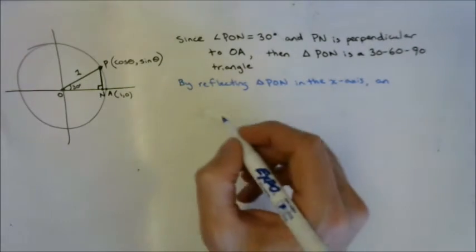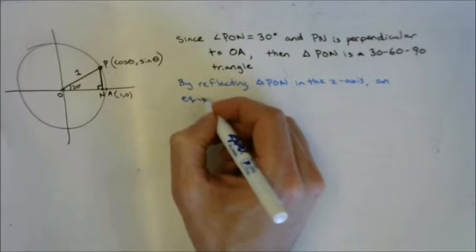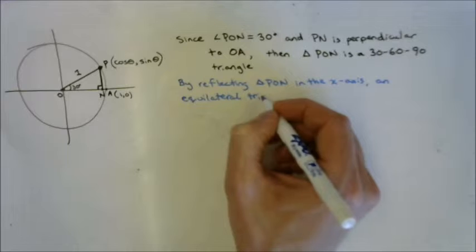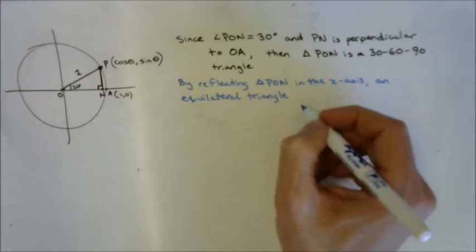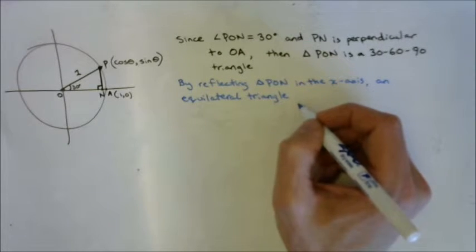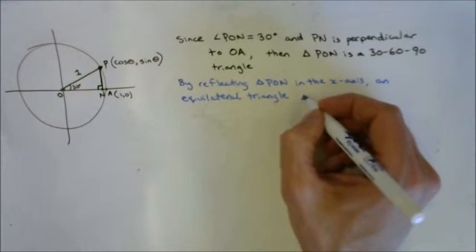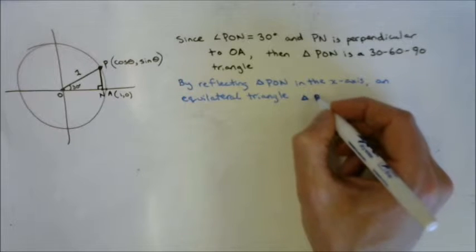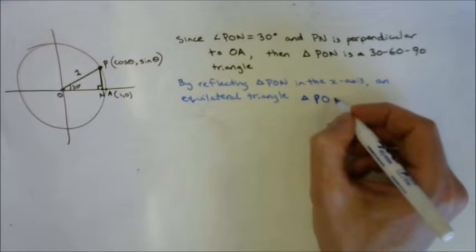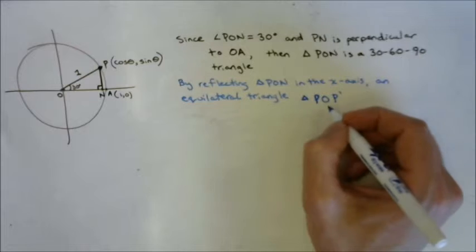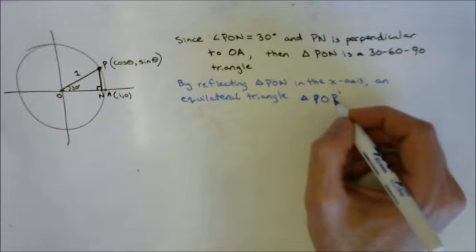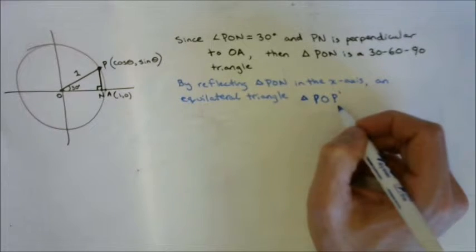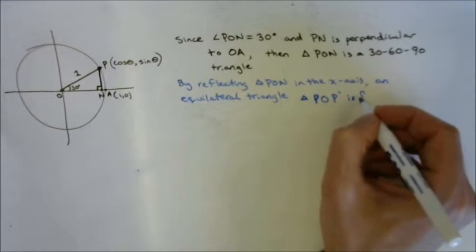An equilateral triangle is formed, and we'll name it. It's going to be triangle P, O, and the other point is going to be P prime. Remember, if we ever moved or reflected a point, we could call it P prime. So P reflected is P prime, and that triangle is formed.